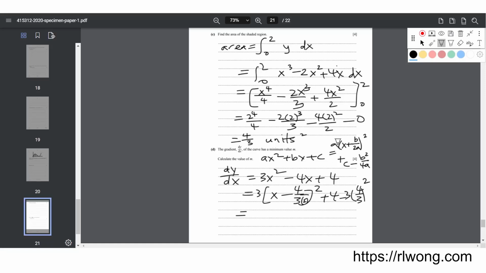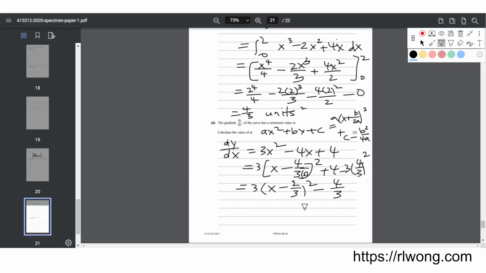You can just remember the formula, it is much easier anyway. So you'll have this. Then 4 minus 16 over 3 will give me a value of minus 4 over 3. So I know that the minimum value of this quadratic function is negative 4 over 3. So m is minus 4 over 3.